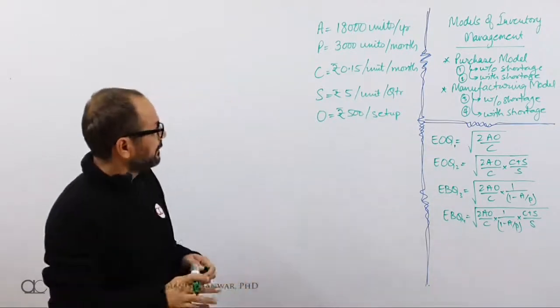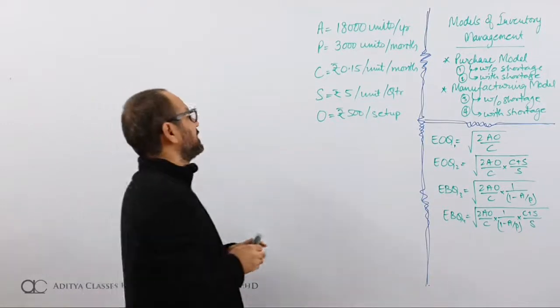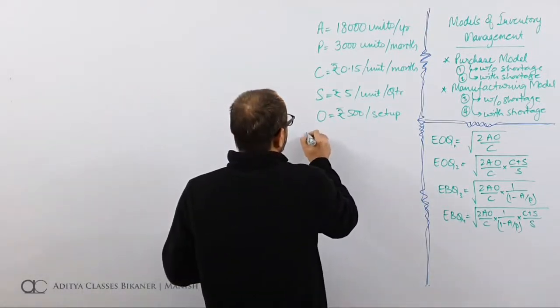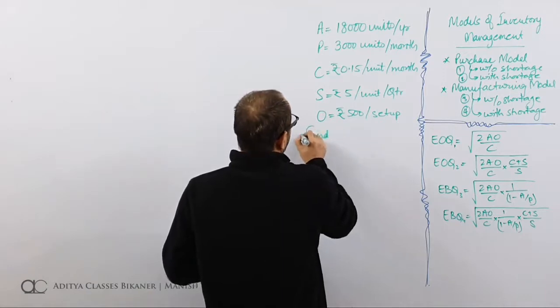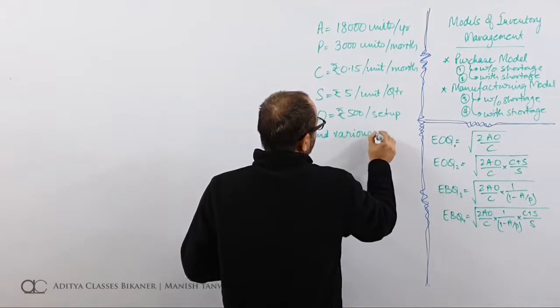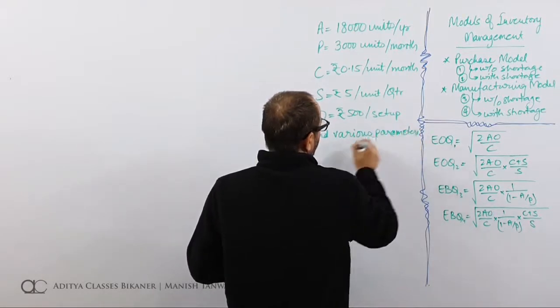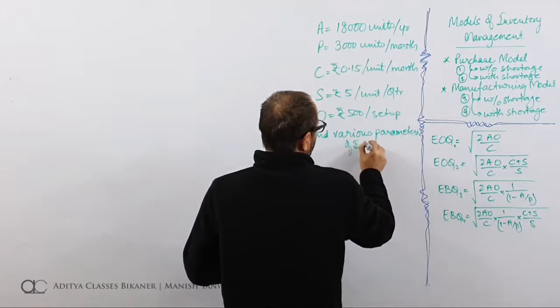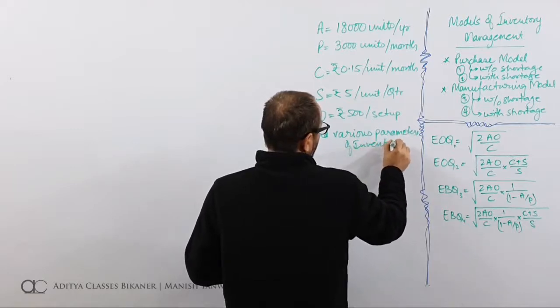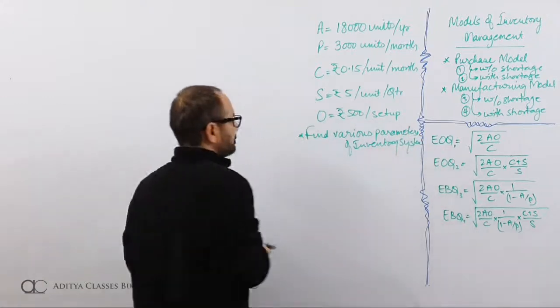Now, the question says, find various parameters of inventory system.